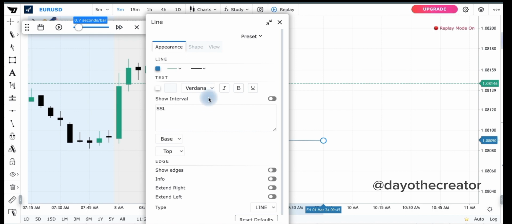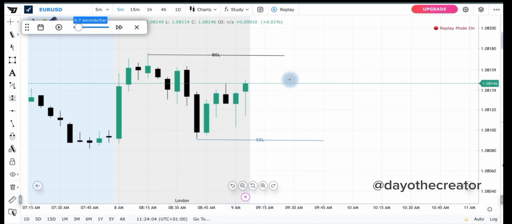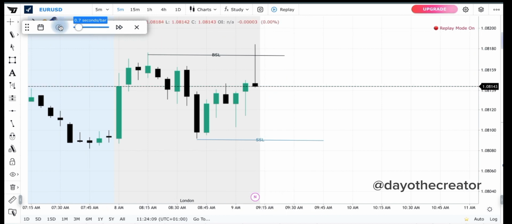If it opens as a buy, it's expected that it buys also in the New York session. So let's see what happens.